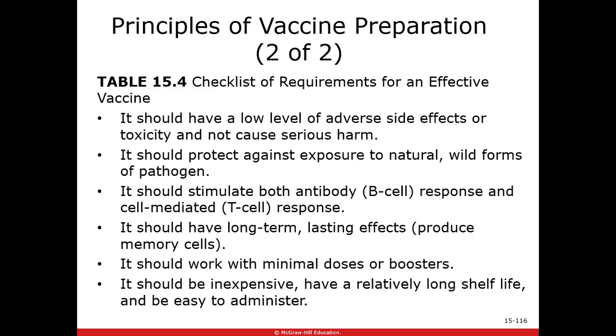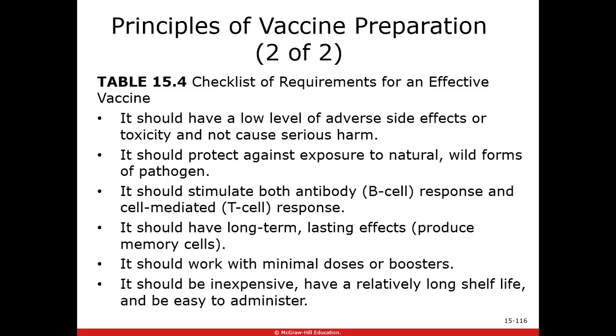Okay, here's a checklist of requirements for an effective vaccine. Well, first, it should have a low level of adverse side effects and not cause serious harm. It should be able to protect against exposure to natural wild forms of the pathogen. Should stimulate both B cell response and T cell response.